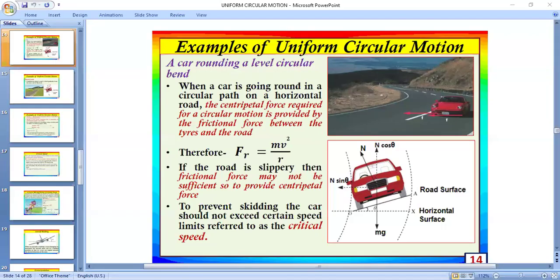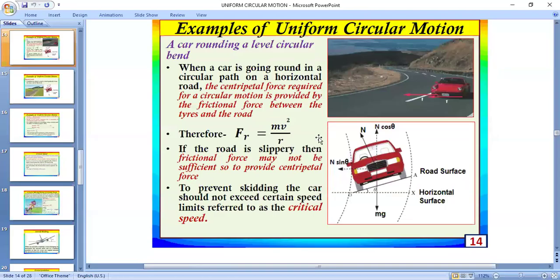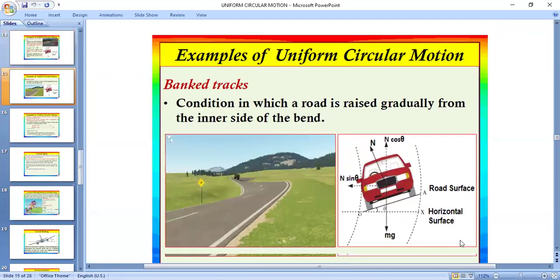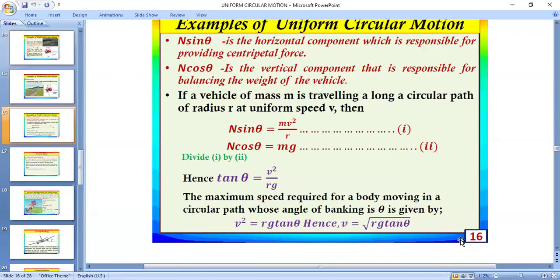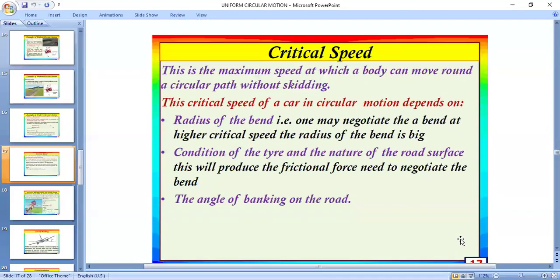Now, this is for a banked road. I've explained that the critical speed is the root of rg tan theta. We've been told here that this critical speed of a car in circular motion depends on these factors.